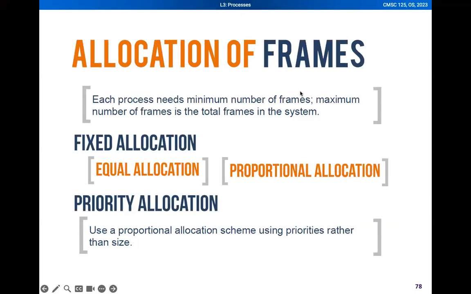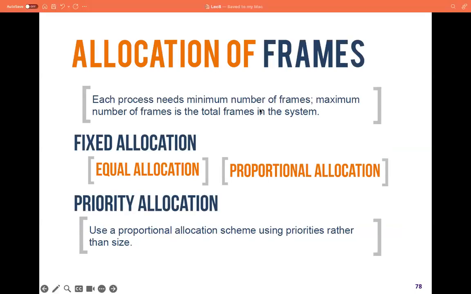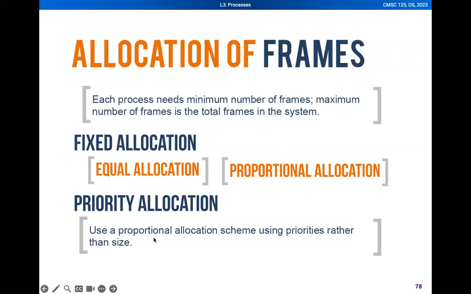Now, how do we allocate the frames? So we mentioned that each process needs a minimum number of frames, wherein the maximum number of frames is the total frames in the system. So it may be an equal allocation or proportional allocation.